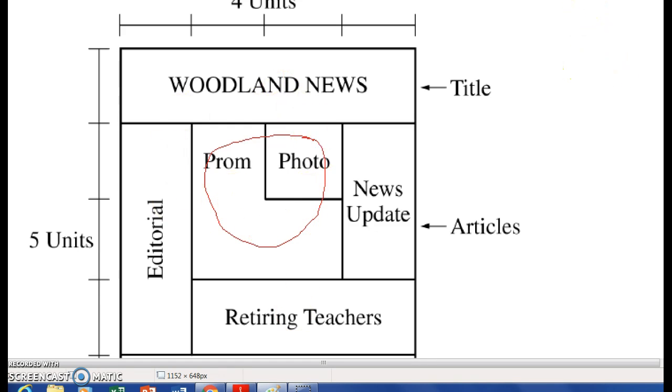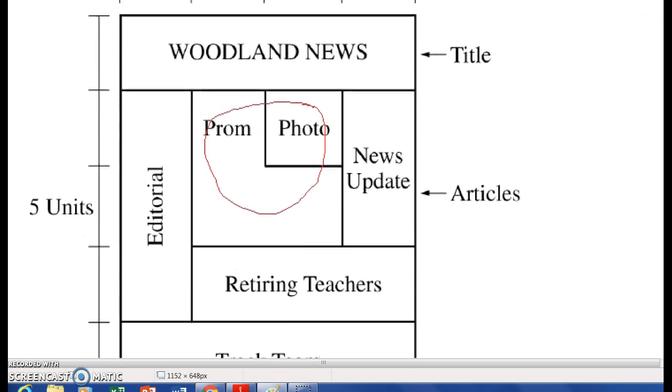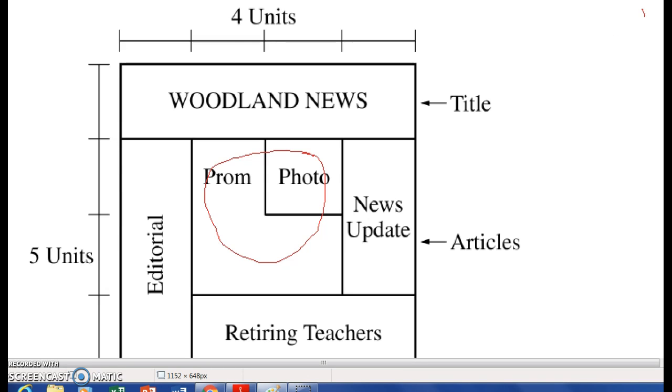So what we want to figure out, first of all, is how much room we have for this entire front page. How big is the front page? And it tells us that the front page is 4 units by 5 units. Well, if you remember your area formula, area is going to be equal to the base times the height, or the length times the width, however you want to think of that.